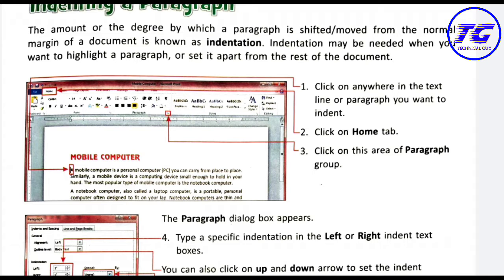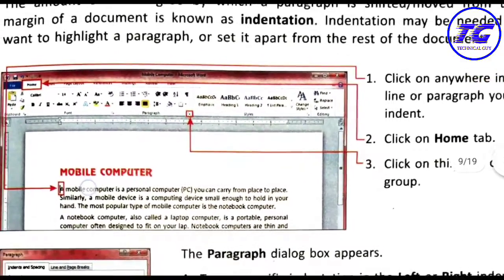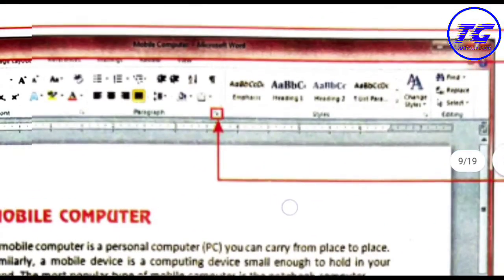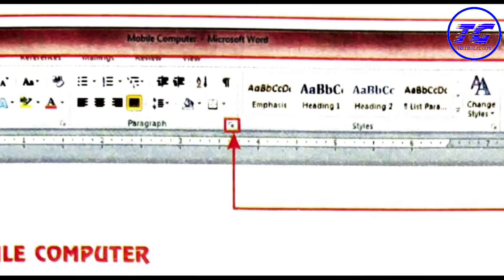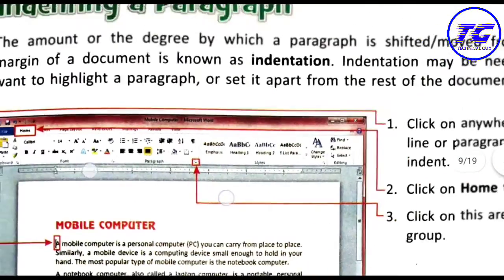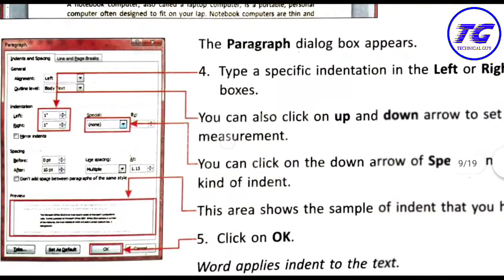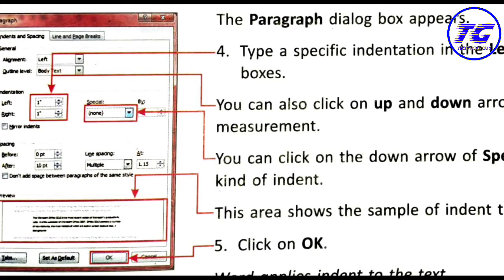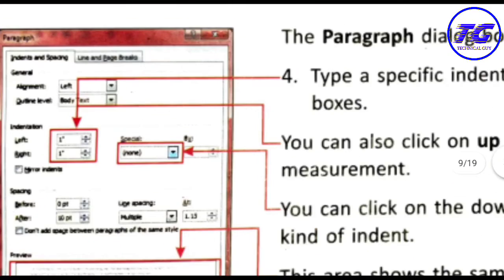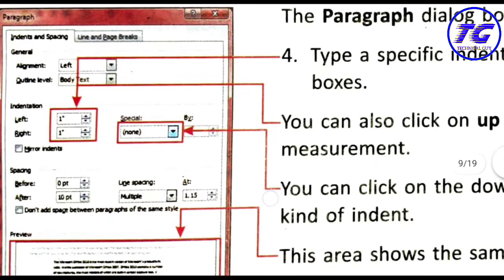For indent, you can click on the home tab and there is a paragraph option button. Paragraph group is there, and in the paragraph group, one arrow will show you in this corner. You can click on this arrow, so it will show you a paragraph dialog box like this. And here in the first tab, indent and spacing, you will get the options for indentation.